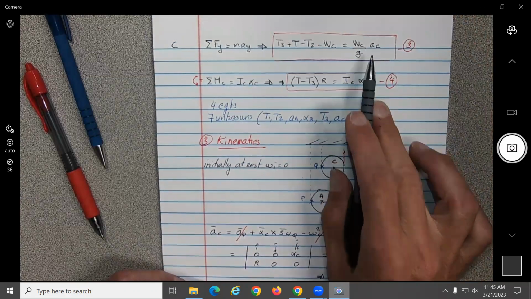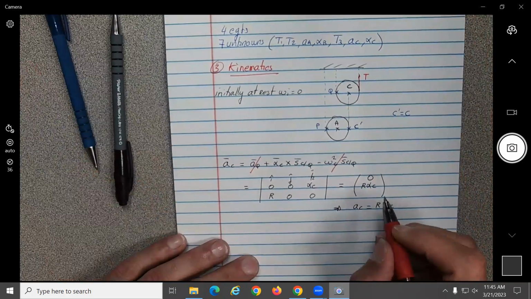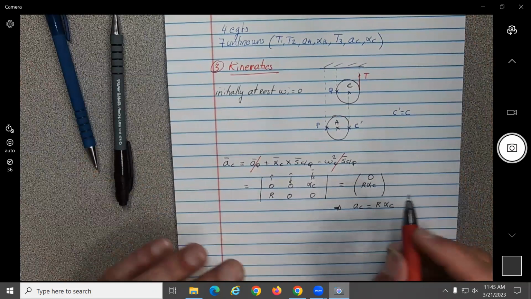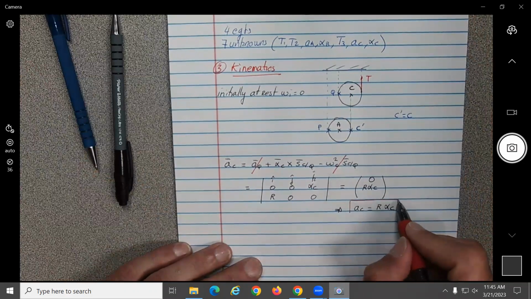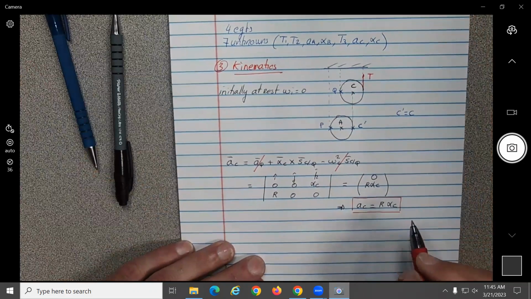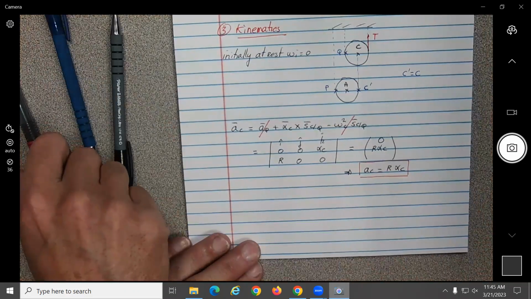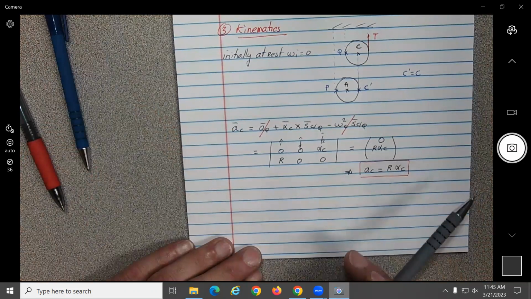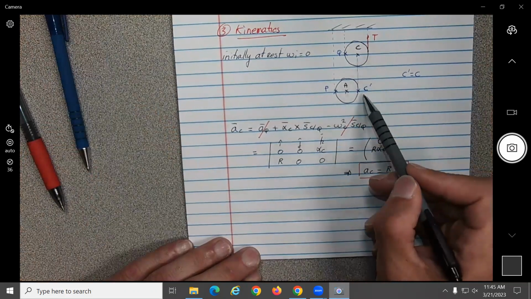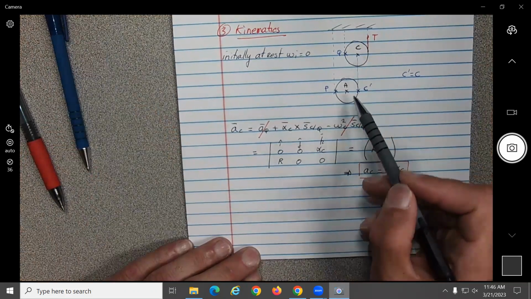Yeah? So let's say this could be our equation maybe, I mean, let's not put numbers yet. So this way, and then at the end we figure it out. So let's do it that way for now. But it's probably going to be 4. Now, the other thing we want to do is find the acceleration of C or C prime from point P, no?